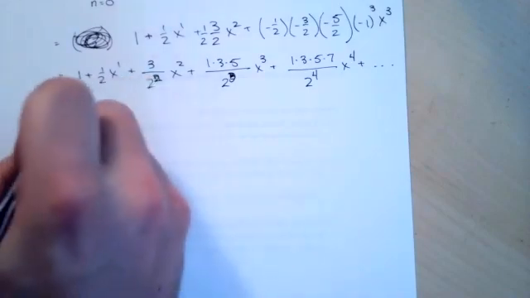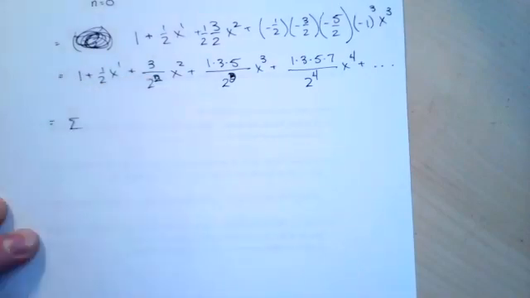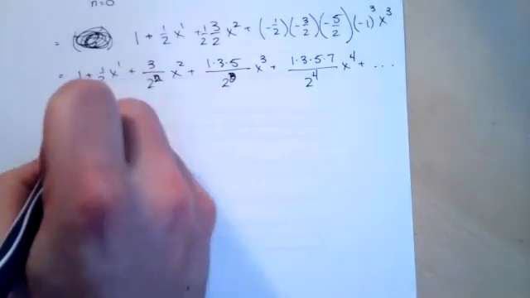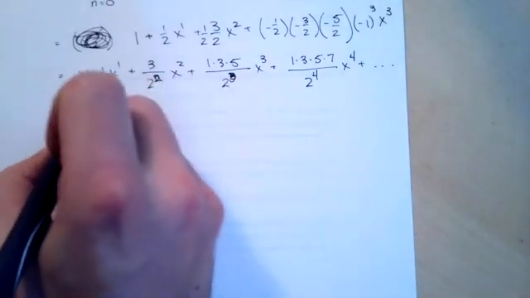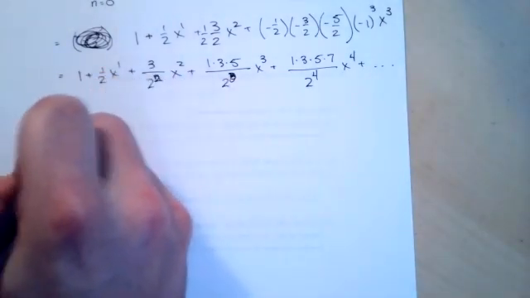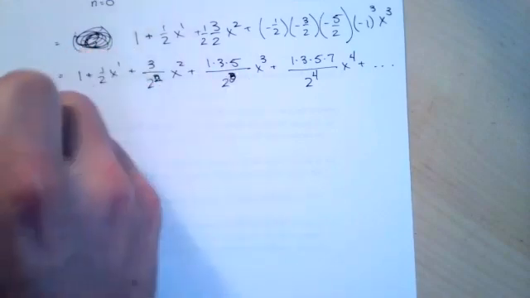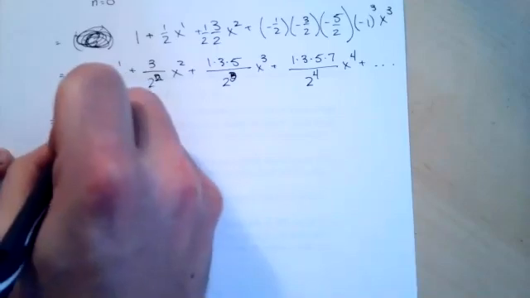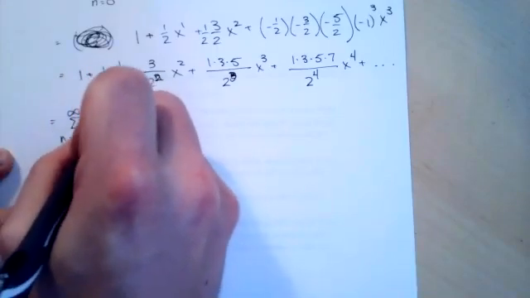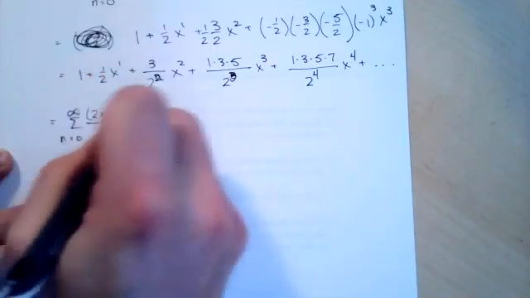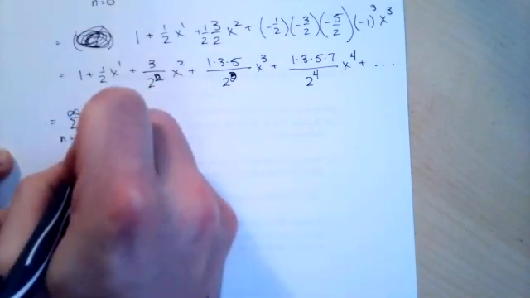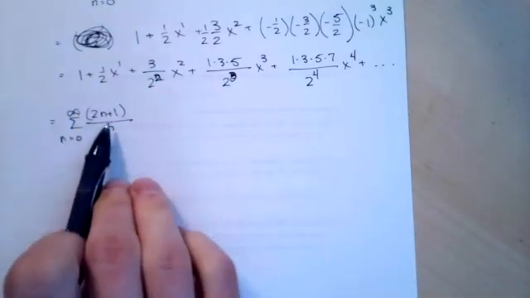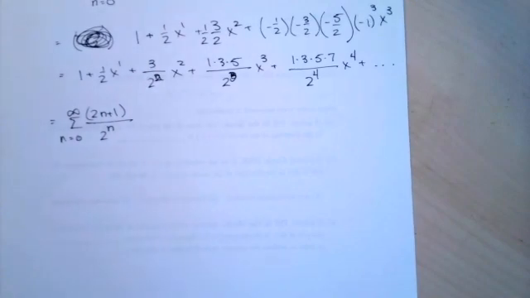If we wanted to try to write it, it's going to be, let's see, so starting from n is equal to 0 up to infinity. It's going to be something like that, but we're going to need to write this as a product.